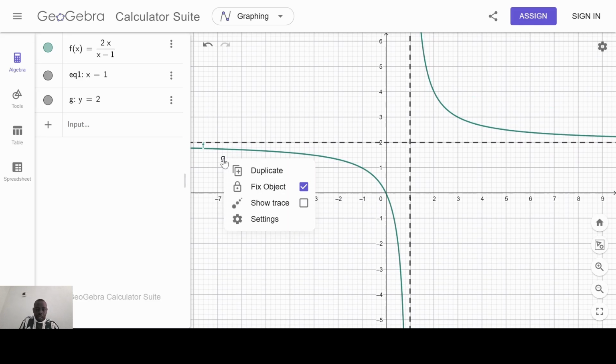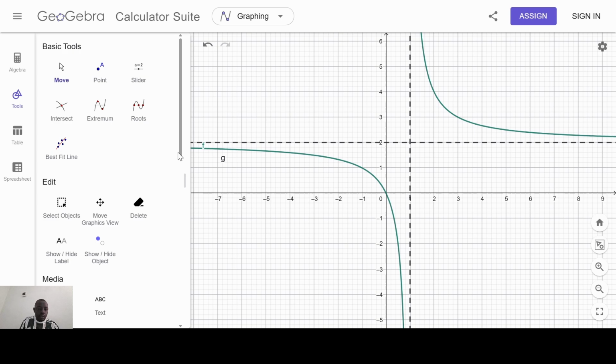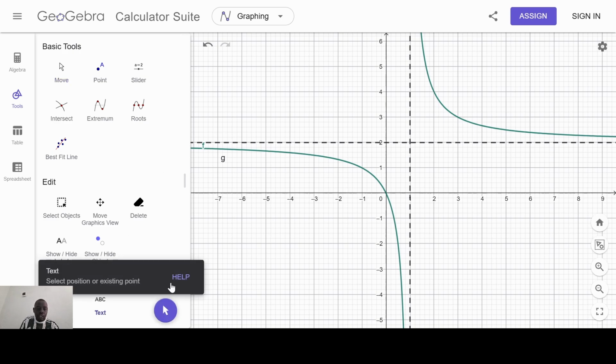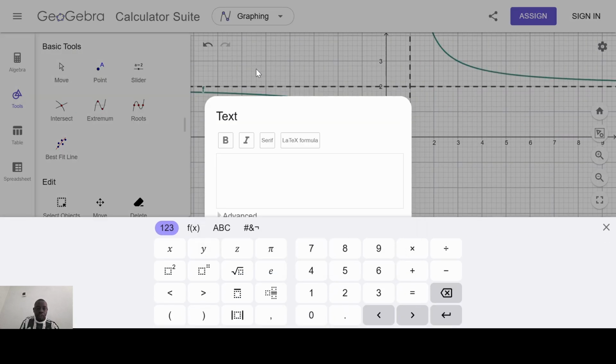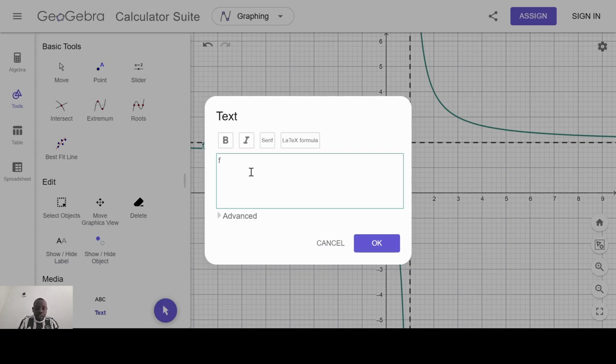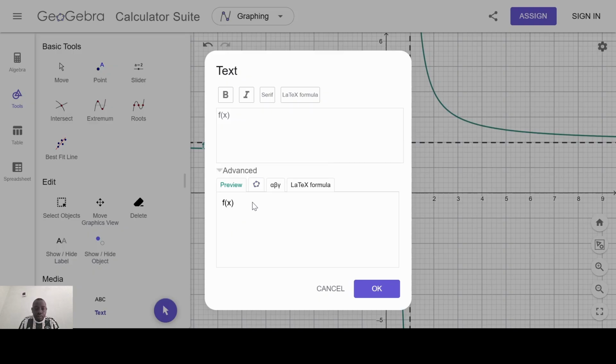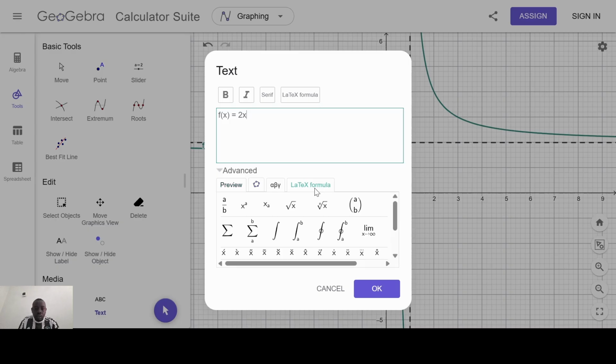GeoGebra, and we can add a label. We can add a label from tools here, text ABC, so that whoever comes and checks on this knows that we have graphed f of x equal to 2x over x minus 1.